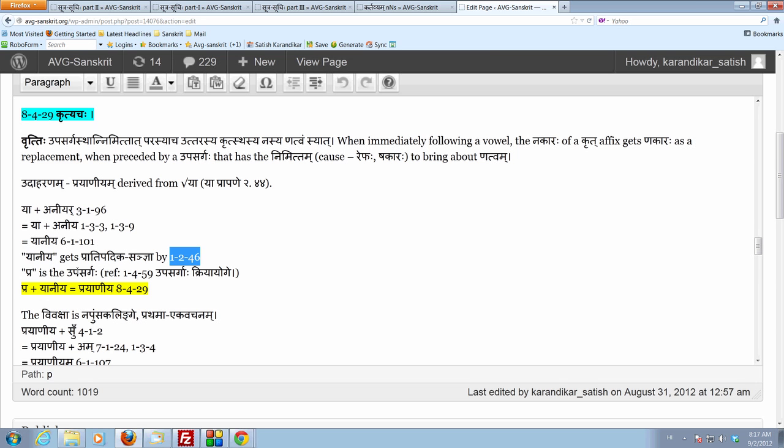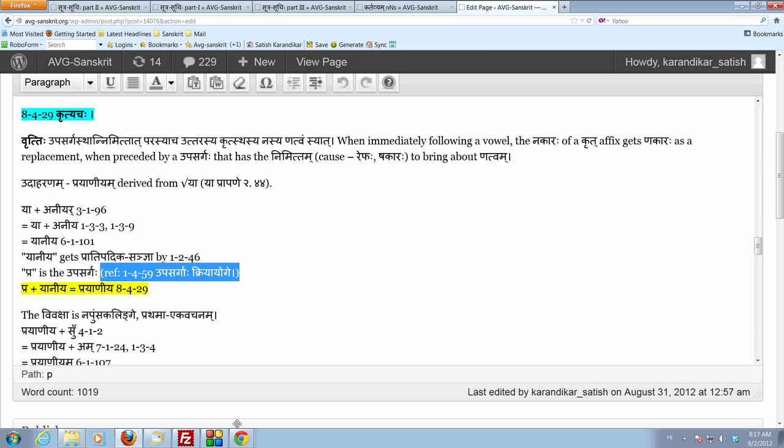Now pra is an upasarga, by Upasarga Kriya Yoge, which we also have studied. The pradayah, when they are used in kriya yoge, get the upasarga sanya. Now actually here we are forming a compound, and compounds we have not studied in detail yet.